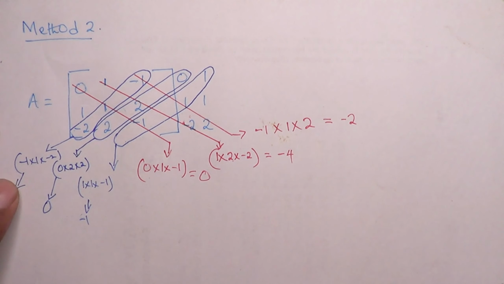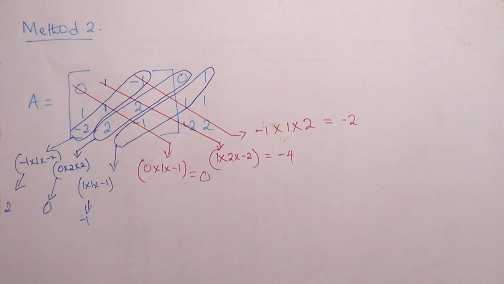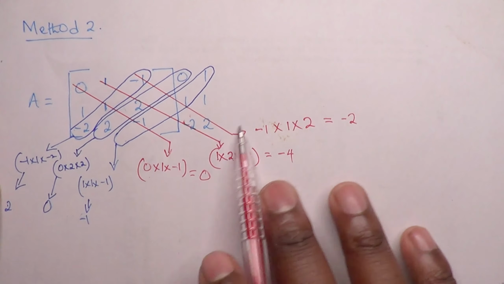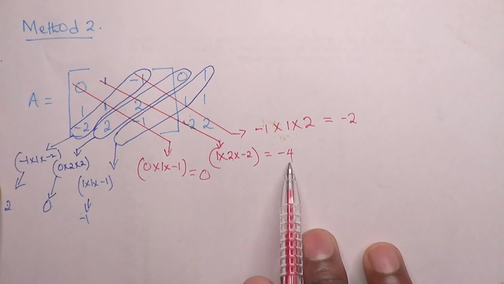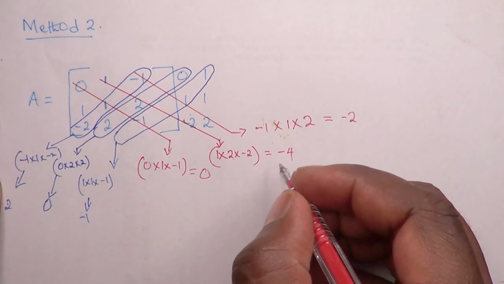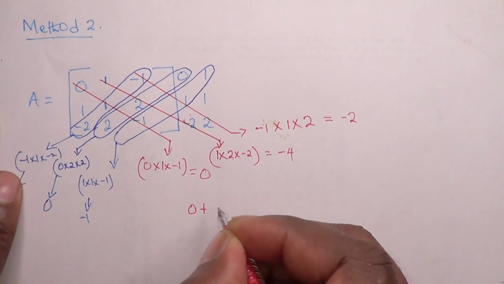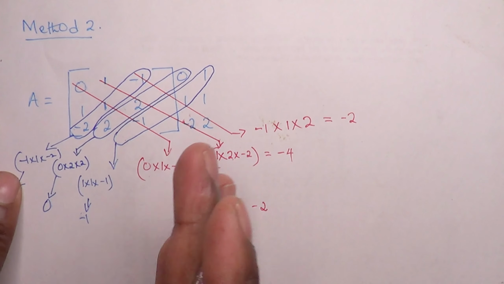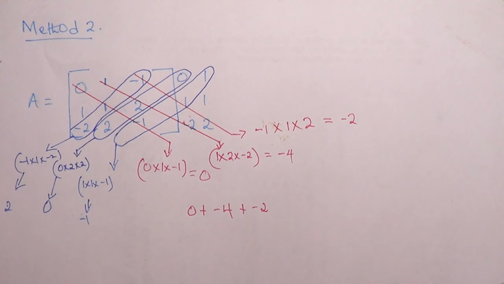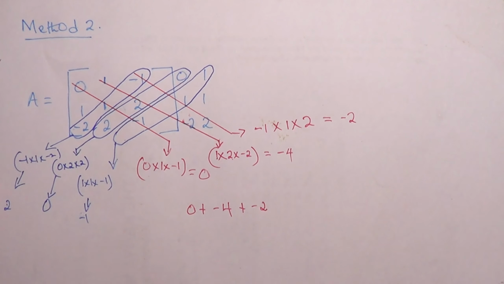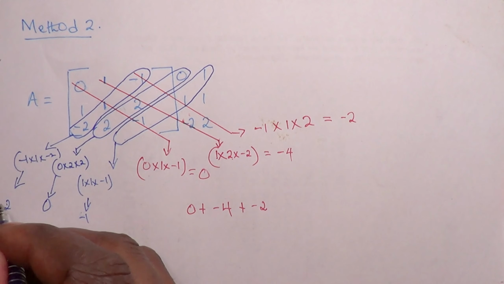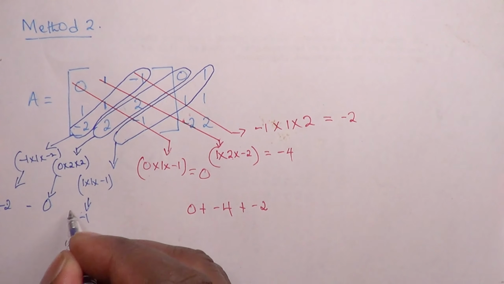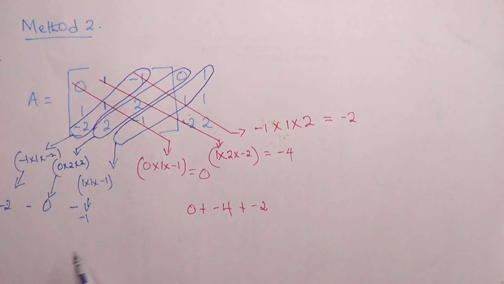There is something I need to show you. The ones moving from left to right, we add them. That is now 0 plus negative 4 plus negative 2. And the ones moving from right to left, we subtract them.